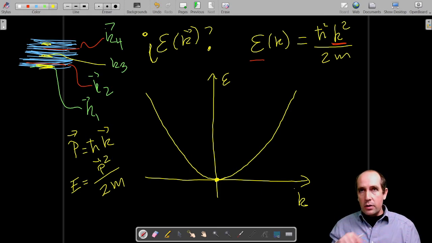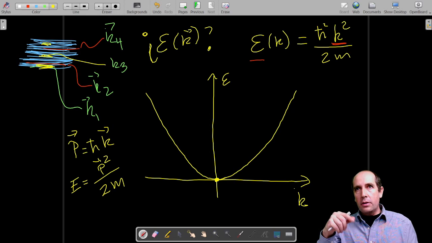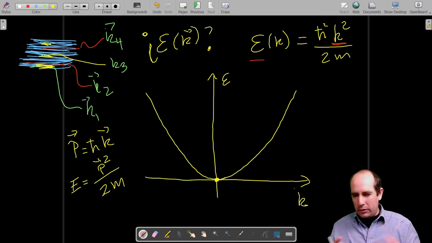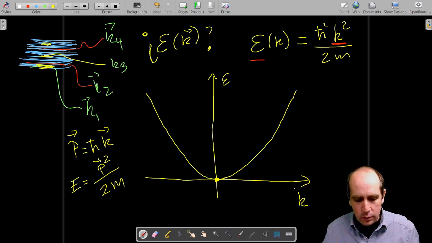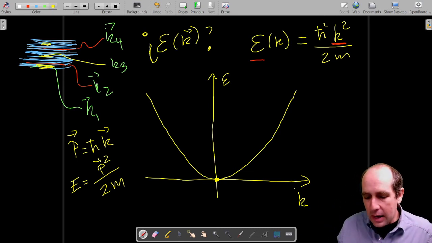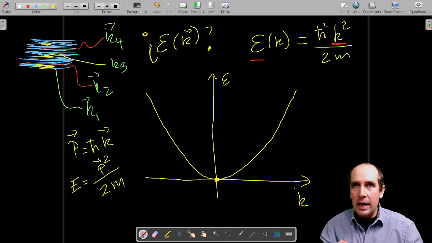So for each combination of Kx, Ky, and Kz, the energy will be proportional to the square of Kx plus the square of Ky plus the square of Kz. So again, it's not worth trying to draw it because it's impossible. But the idea is this one.